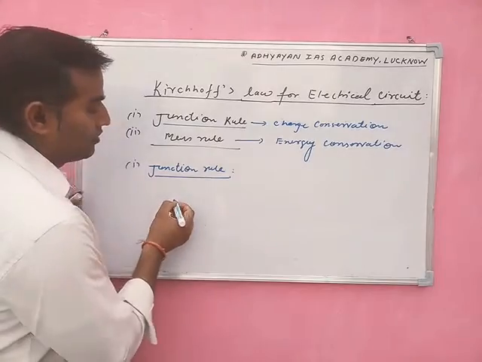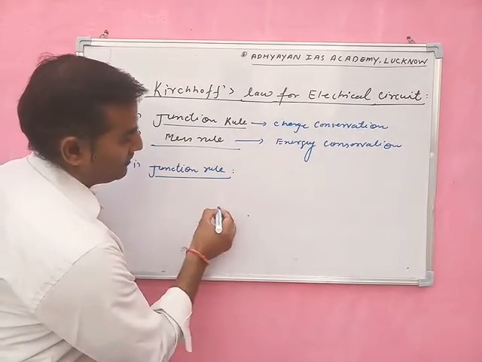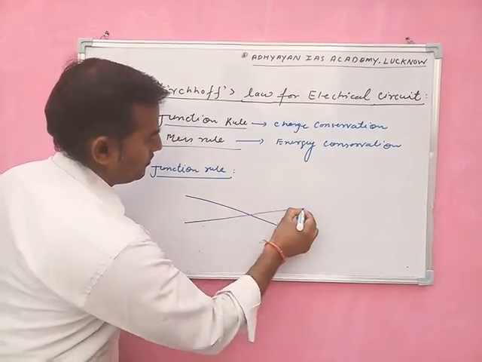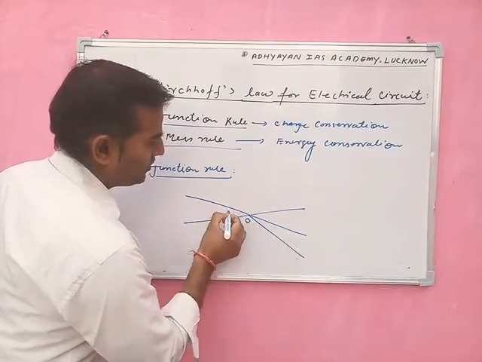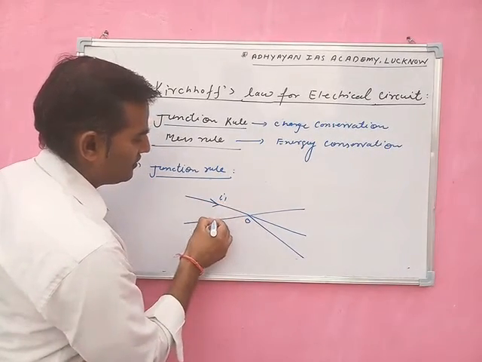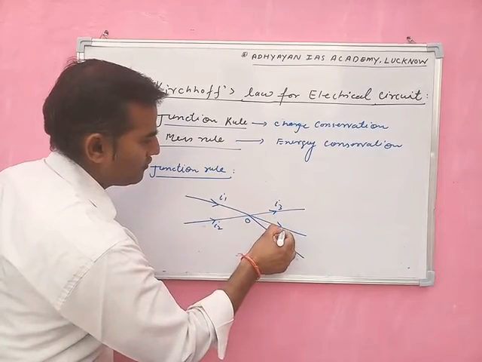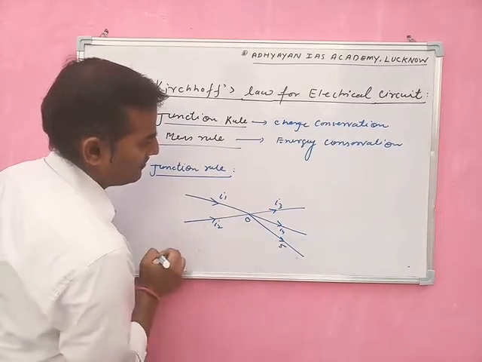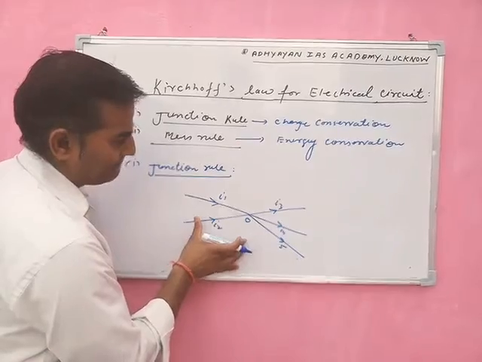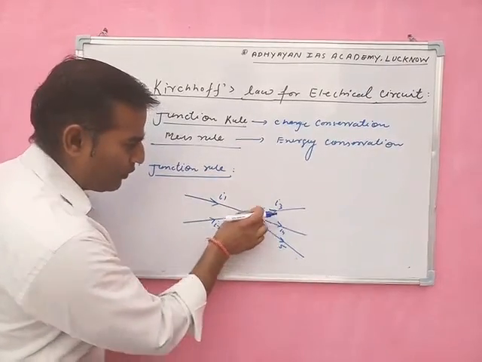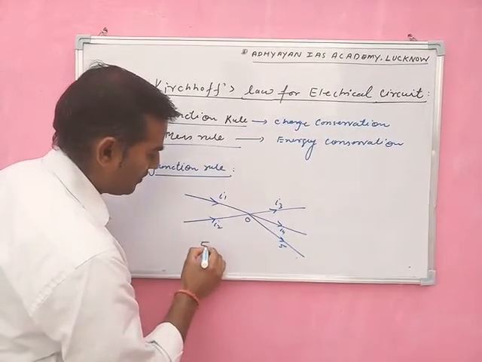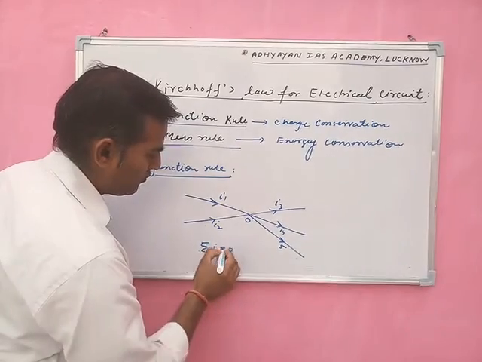Means, if we consider O as the junction, with currents I1, I2, I3, I4, I5, then the sum of currents at junction O will be zero. Means summation I is equal to zero.